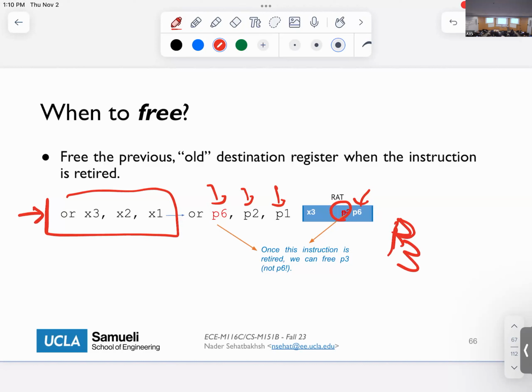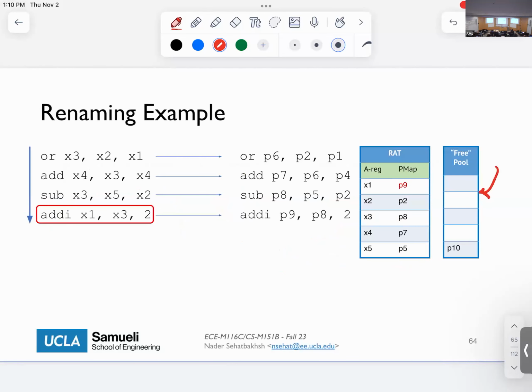The table needs to store the current and the previous. Yes. So again, the question is, where do you store this? You can store it in the RAT, but as I said, you usually store this in your ROB. Okay. So when we free an older register, do we have to update the RAT?